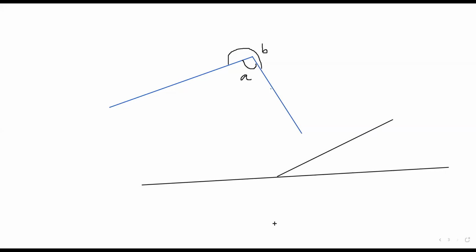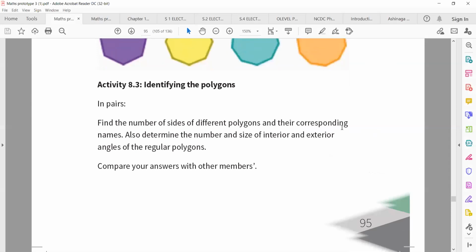As we look at the different polygons, we shall find out how to obtain the sums of those interior and exterior angles, after understanding what an interior angle is or what an exterior angle is. So interior is always inside, and exterior we always find outside. Unless, Mr. Theo, you want to say something, or Teacher Joseph?